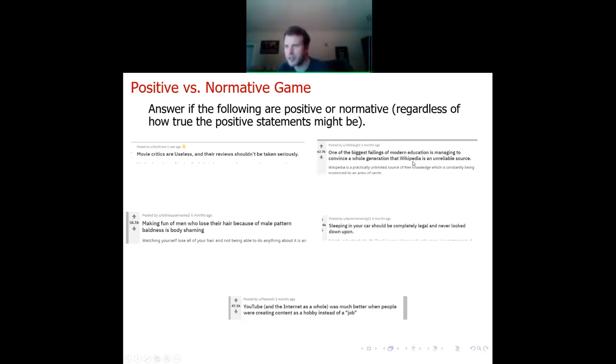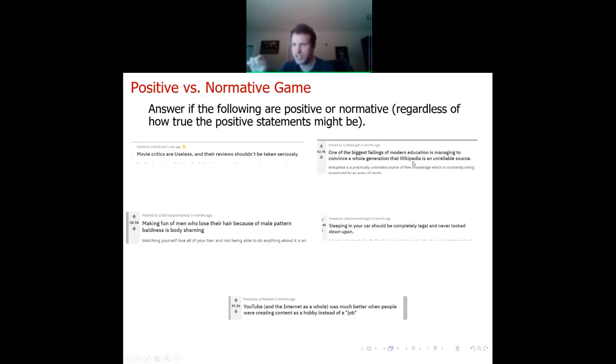Next up, making fun of men who lose their hair because of male pattern baldness is body shaming. I consider this a positive question. If you have a definition of body shaming, let's say body shaming is the shaming of a body, you can say: A, body shaming is the shaming of a body; B, hair is part of the body; C, making fun of someone is shaming.